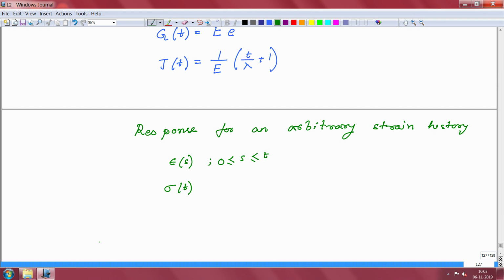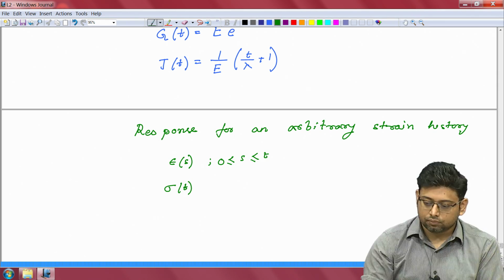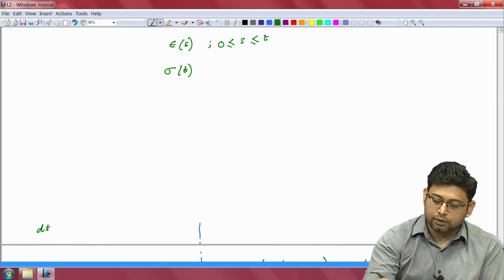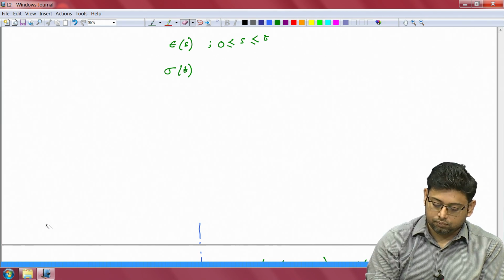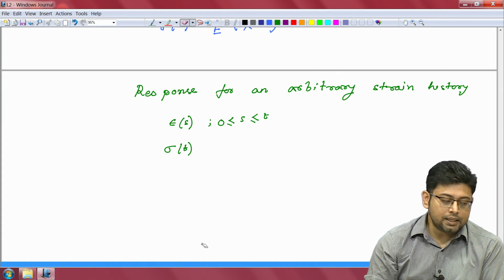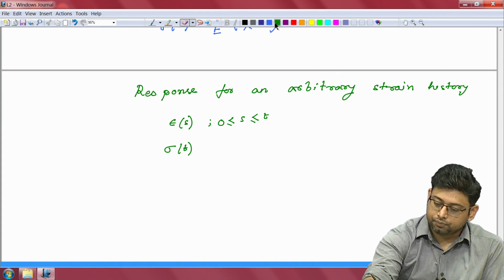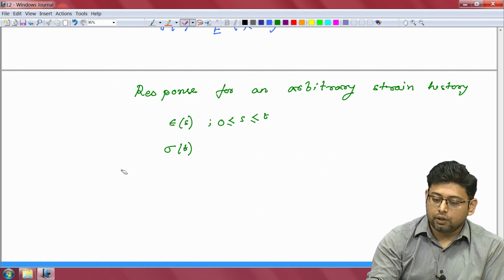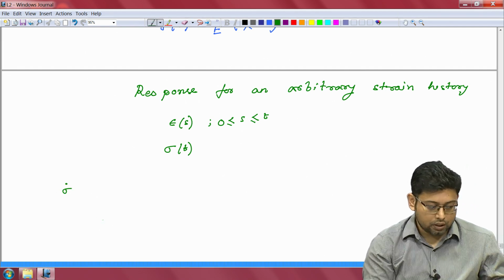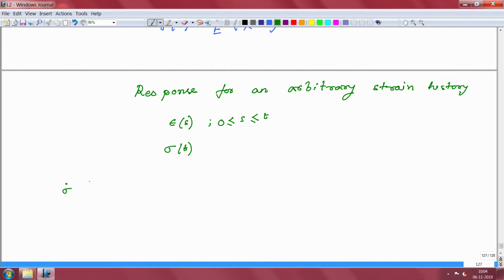If the strains are known to you, then we know that a viscoelastic material has memory. So, to solve this particular problem, we will write this equation such that we have the stress on our left hand side.